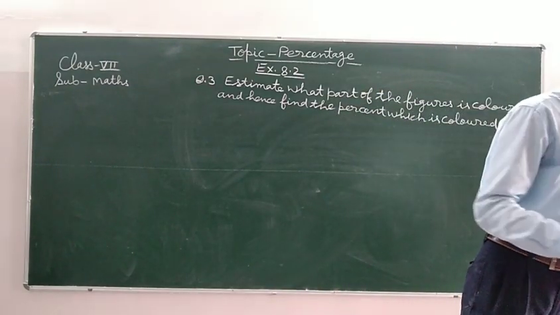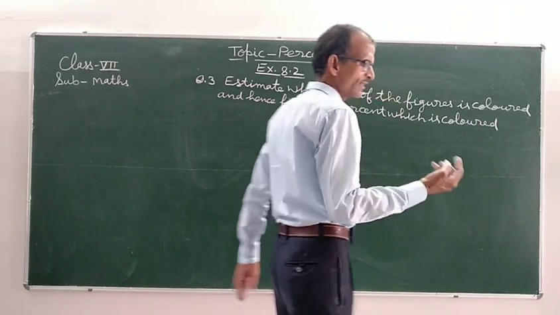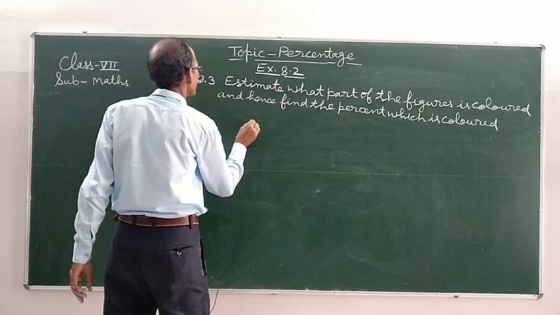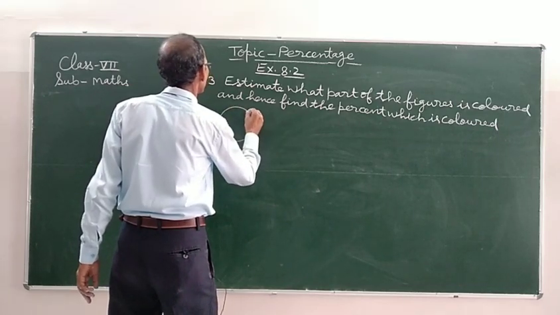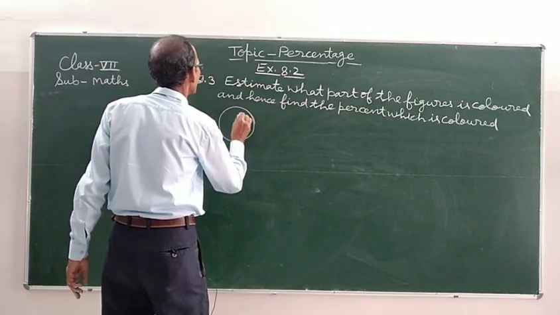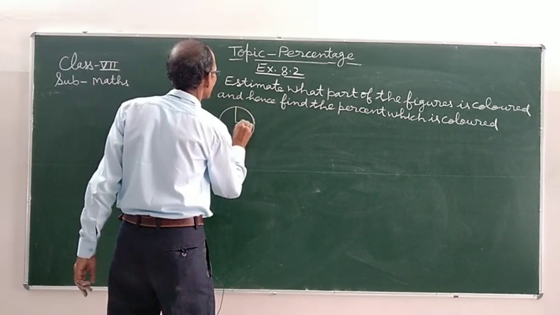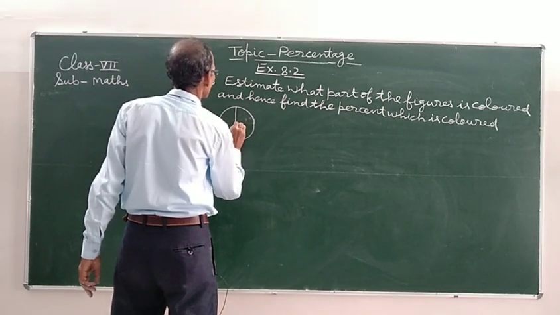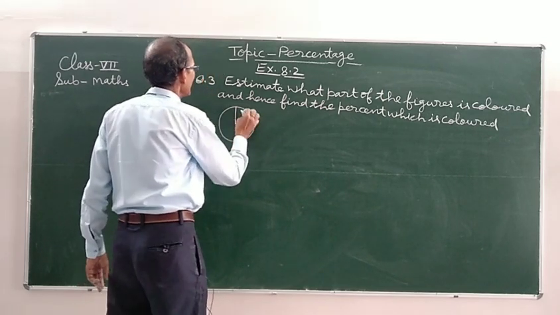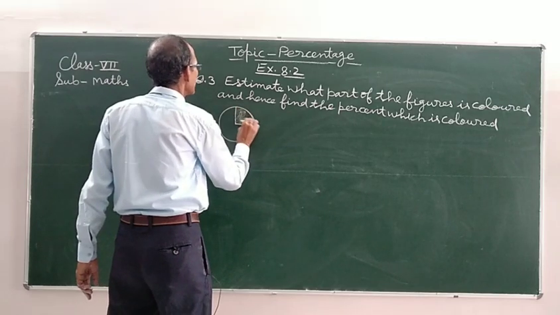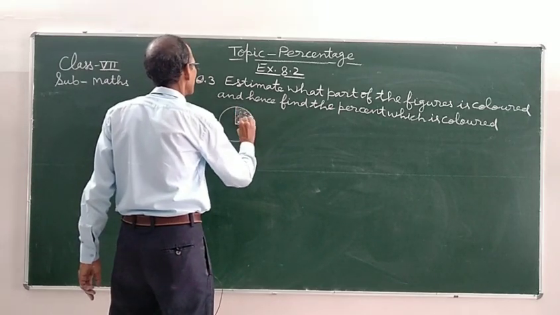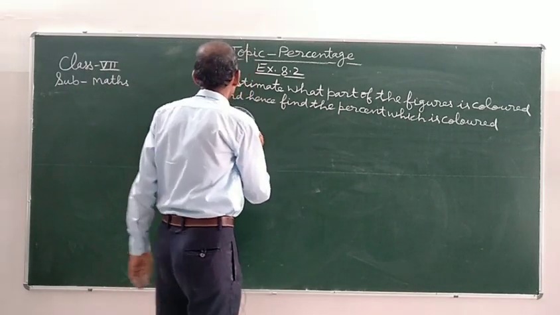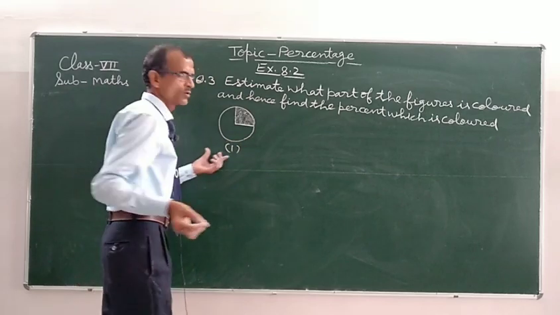Here there is a circle. First is this much is colored. Okay? This is part 1.